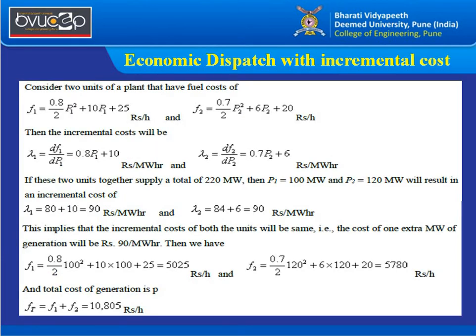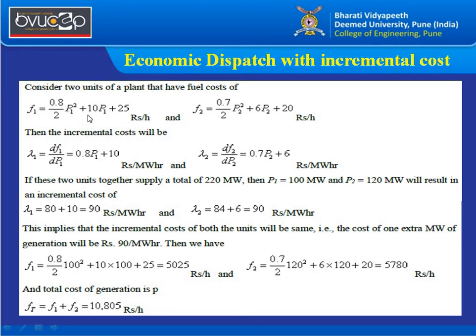So let us go through a couple of numericals related to economic dispatch with incremental cost. Let me focus here on the incremental cost term. Now we are considering two units of plants with the fuel cost f1, which is given. f1 is the function that is going to be the objective function, as I have mentioned.